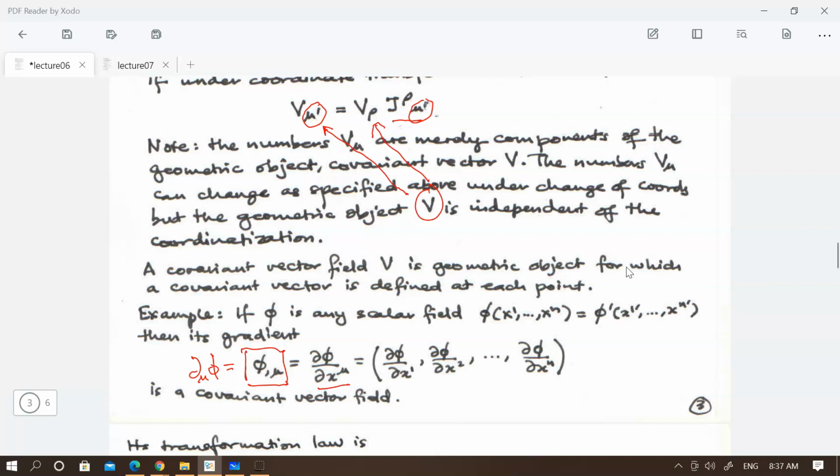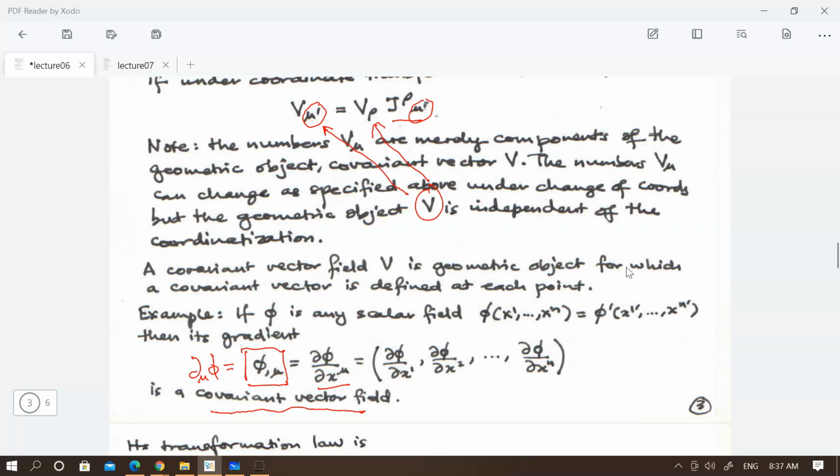It's a covariant vector, and it's also a field because it depends on where you are in that particular space. So in other words, what we have here is an example of a covariant vector field. So what is a covariant vector field? It's essentially a geometric object for which a covariant vector is defined at each point.